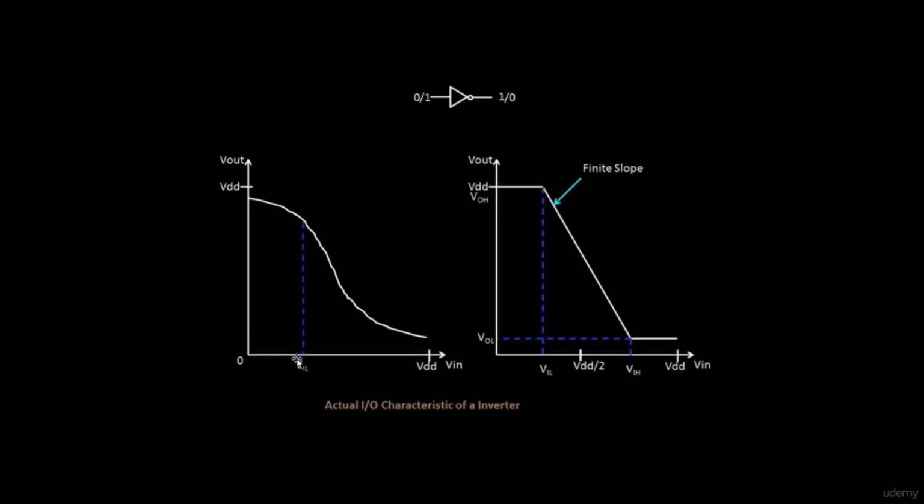The input voltage should be in this range to be detected as logic 0 at the input of this particular inverter. Okay, that is the first thing. The VIL which was present over here, it's present now over here. And if your input voltage lies in the range of 0 to VIL, your output is expected to be high. So this is not exactly logic 1, but somewhere around a margin which will be detected as logic 1.